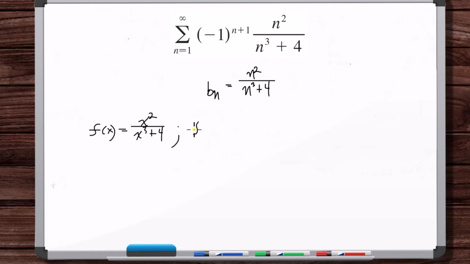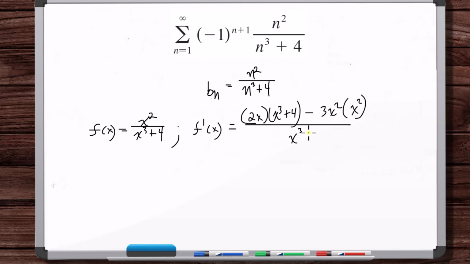So f prime of x is equal to the derivative of the top times the bottom minus derivative of the bottom times the top, all over the bottom squared.